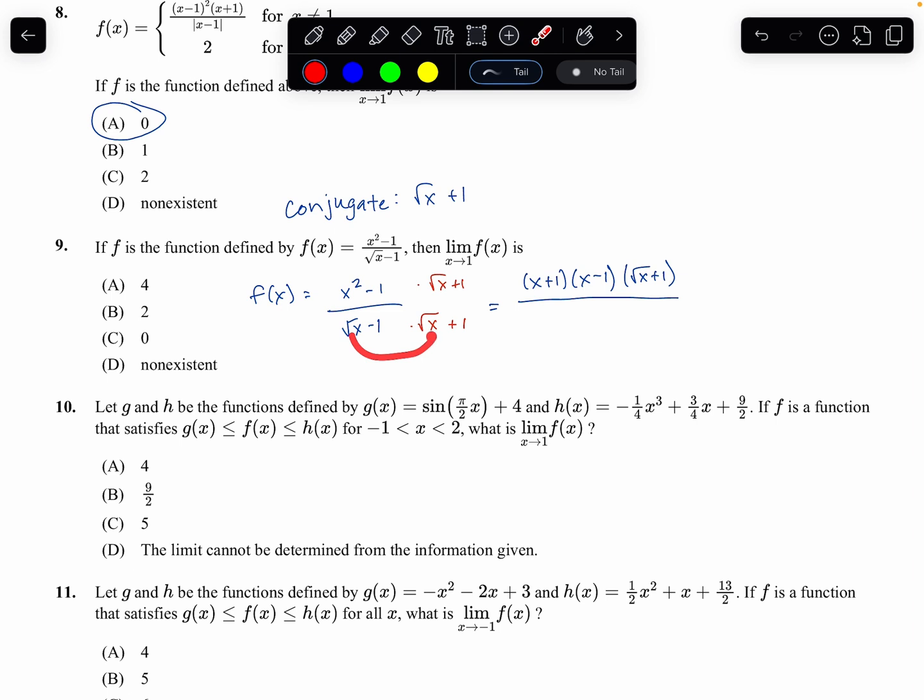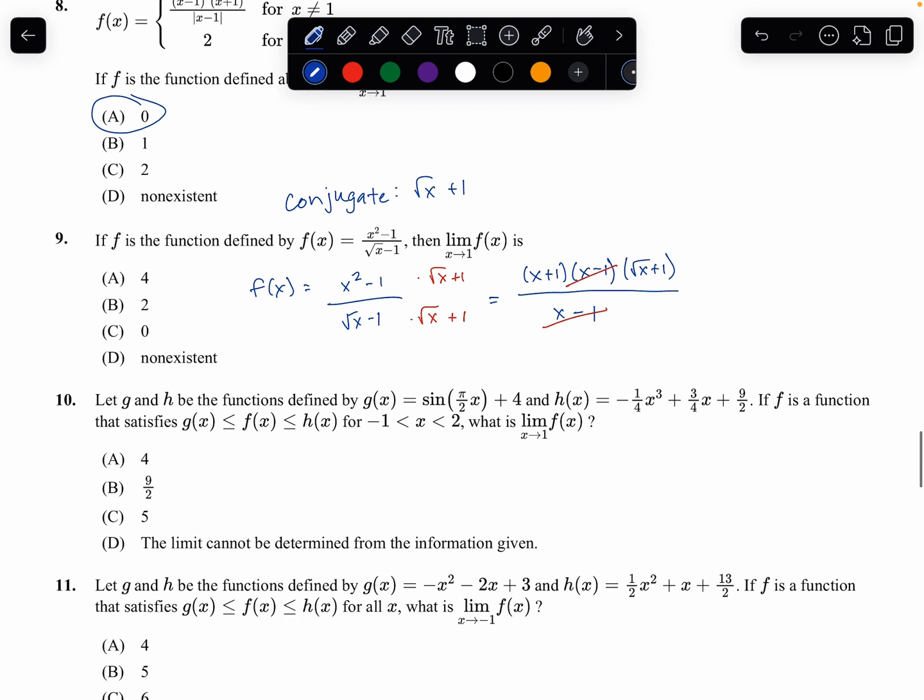So square root of x times square root of x is x. Square root of x times 1 isn't going to matter because this is also the same thing, but it's negative. So those are going to cancel when you combine them. And then negative 1 times 1 is going to be negative 1. So you can see how we ended up with common factors. So those cancel.